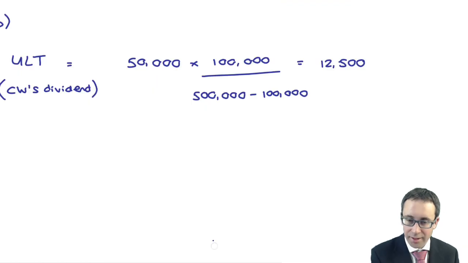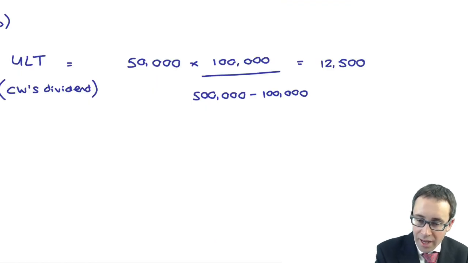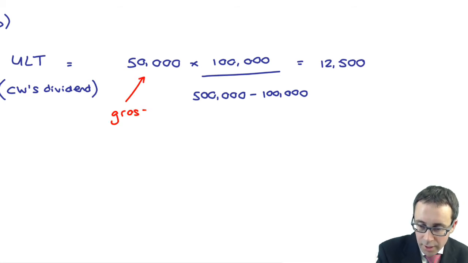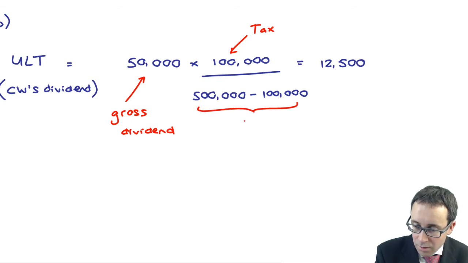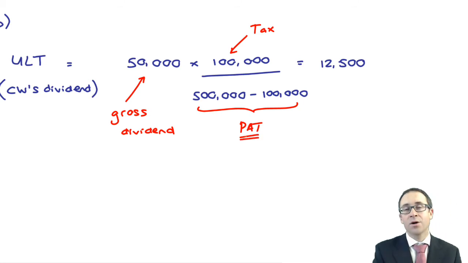I think you'll find that the formula for your underlying tax, if you remember it, should help you all the time. You take your gross dividend, you take your tax, and then you take your profits after tax.